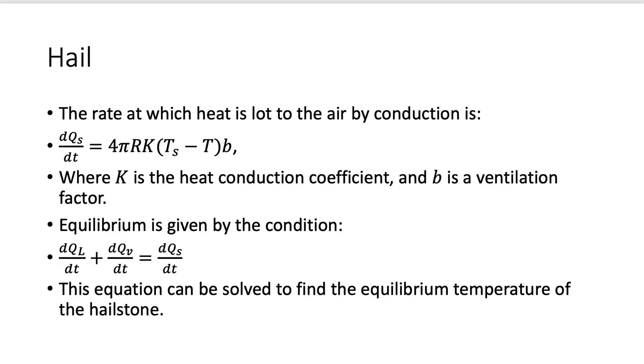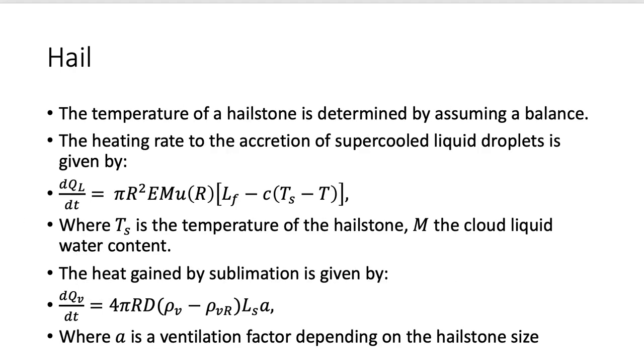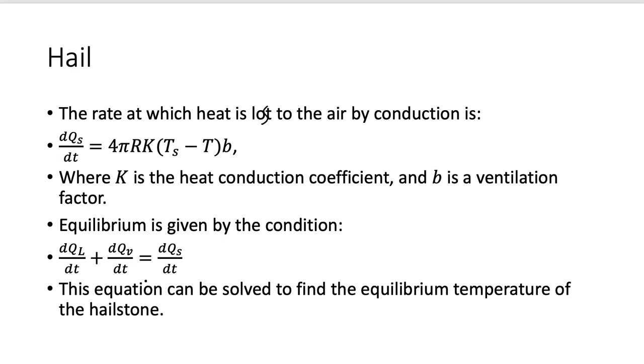You can assume a balance between the two. There's also heat that is lost to the air by conduction. So you have what is gained by the accretion of supercooled liquid droplets, what is gained by sublimation, and this is balanced by what is lost.